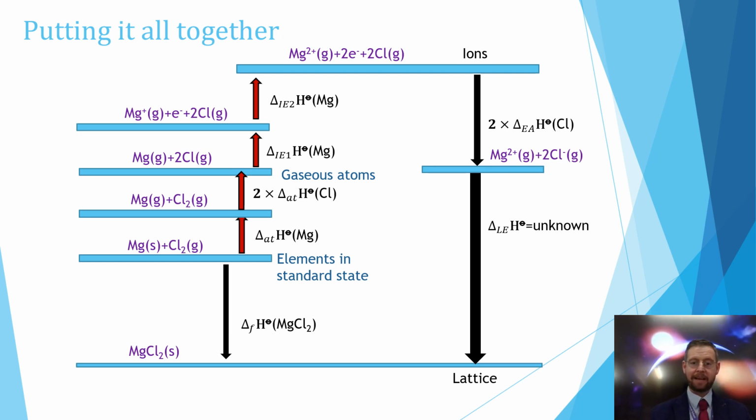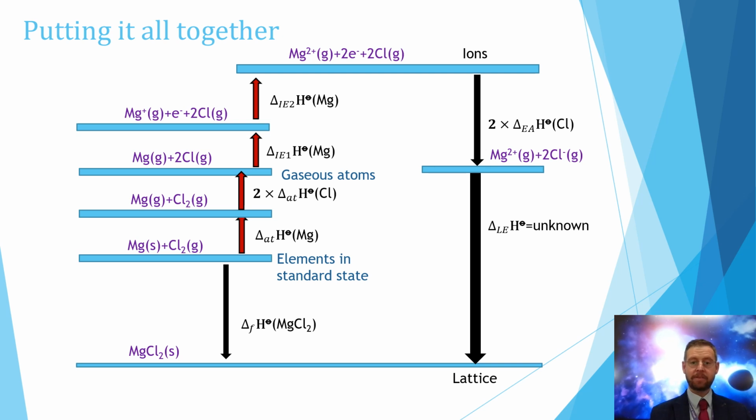Now, above that, we have the enthalpy change of atomization of the magnesium, turning it into its gaseous state. And we've got 2 times, because we're going to have 2 atoms there, the energy required to turn Cl2 into a monatomic gas to get 2Cl.